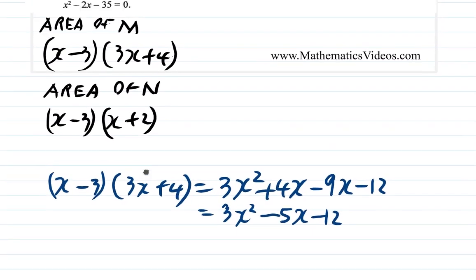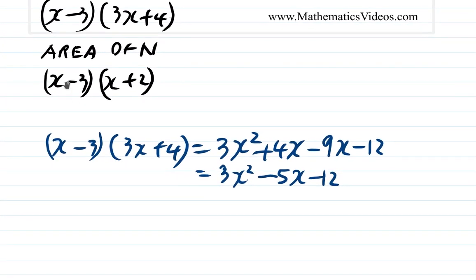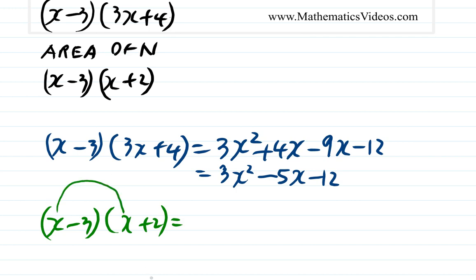The area of N is x minus 3 times x plus 2. X times x is x squared. X times 2 gives you 2x.